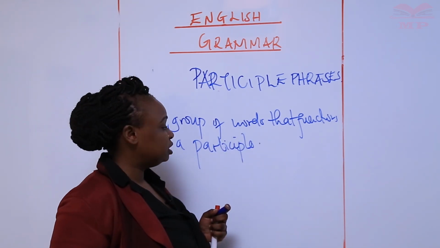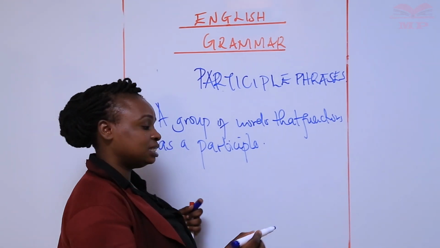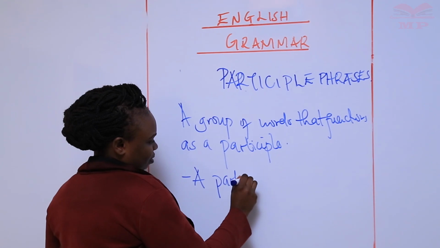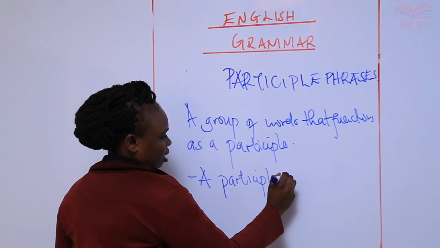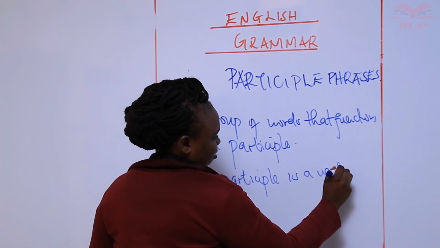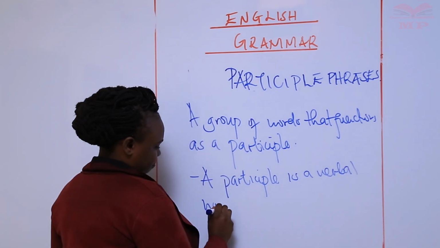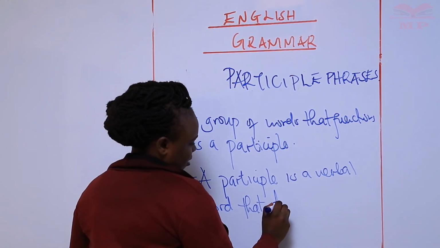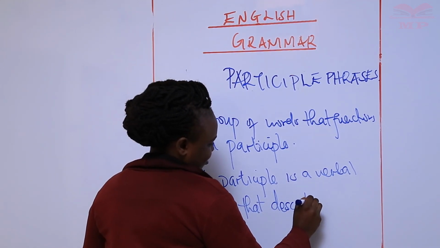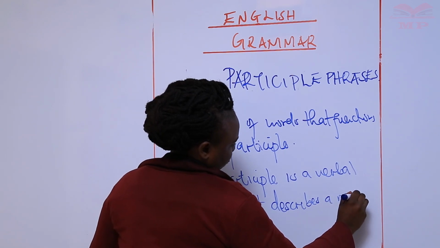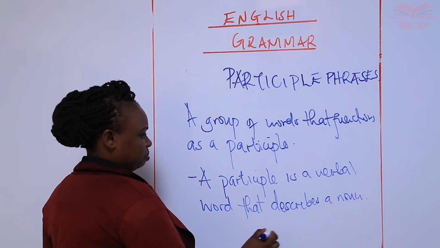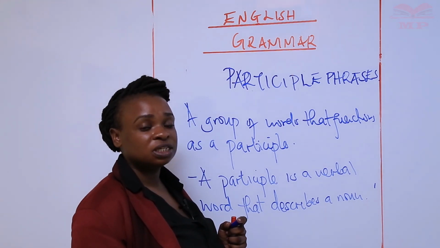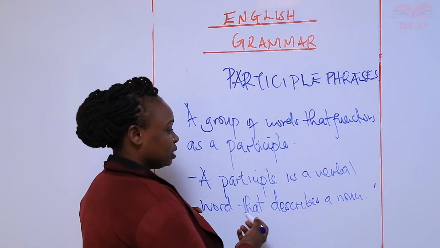We went ahead to describe what a participle is, and we say that a participle is a verbal word that describes a noun, or maybe just say a verbal word that gives us more information about a noun, probably what the adjective does, but here it's a verbal word.